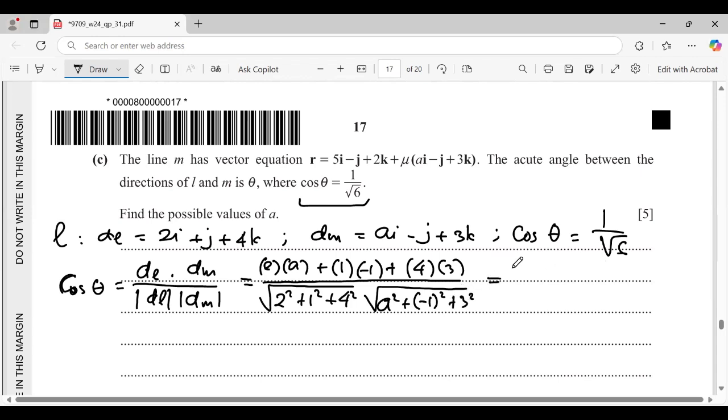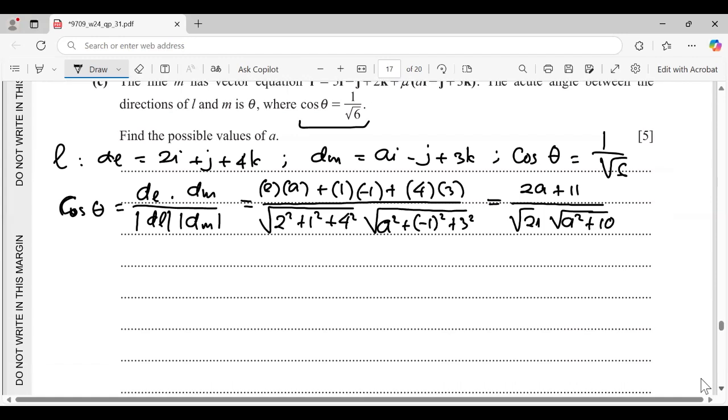So if you continue to calculate, this is 2a plus 11 over square root 21, and this is square root of a squared plus 10, because 9 plus 1.